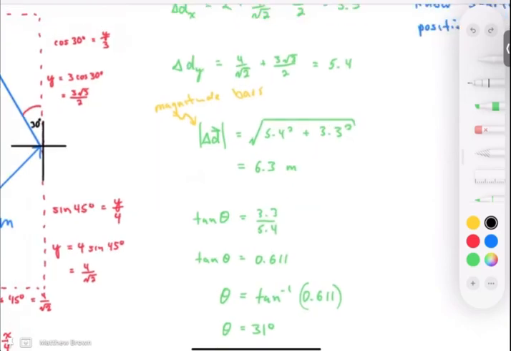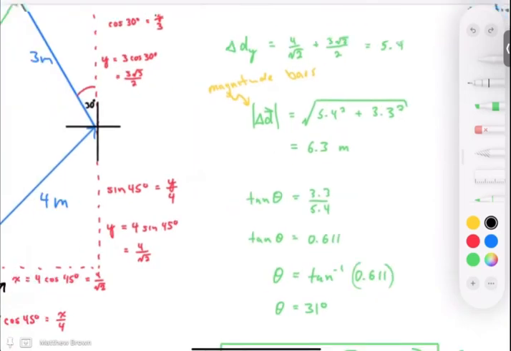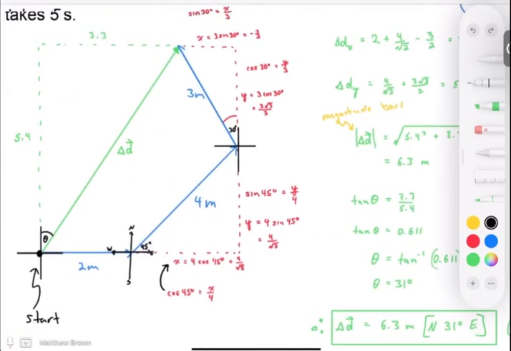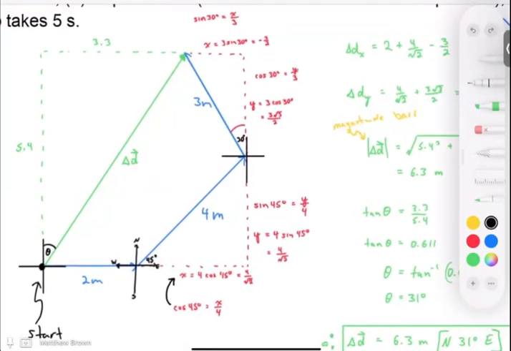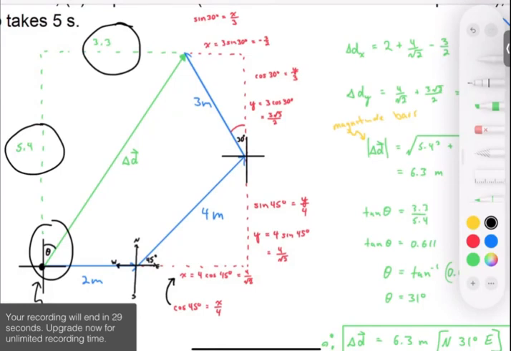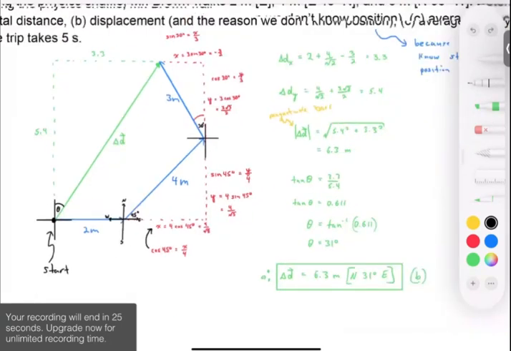Once you get that, here's again where I have to be careful. I know this angle, so I know the tangent of this angle is this opposite side divided by this adjacent side. And that gives me the numbers that I want here.